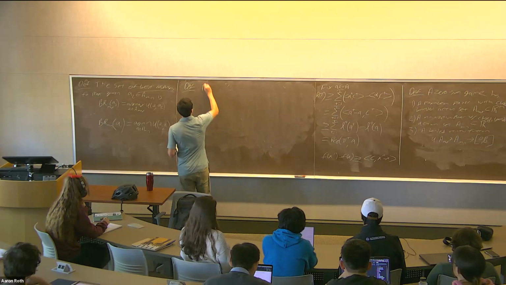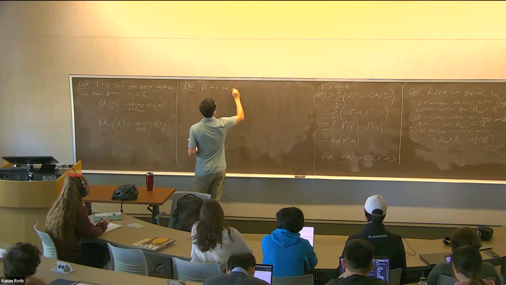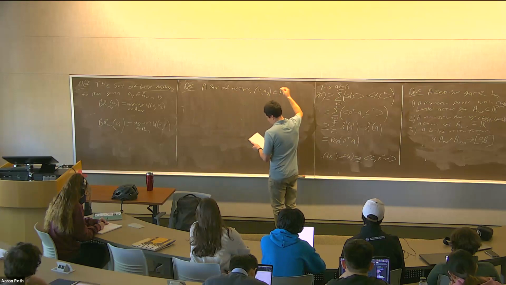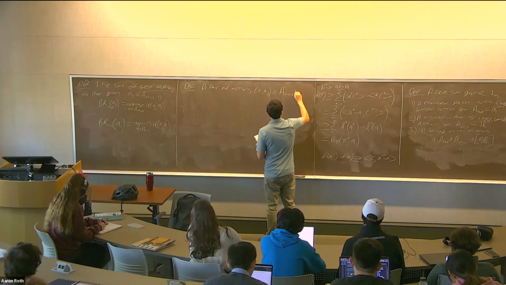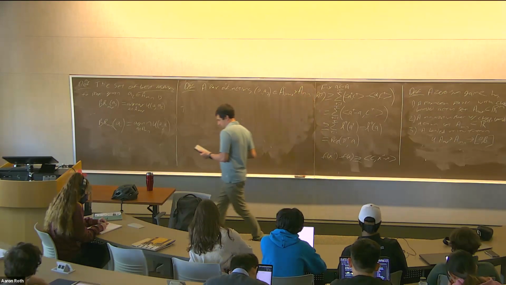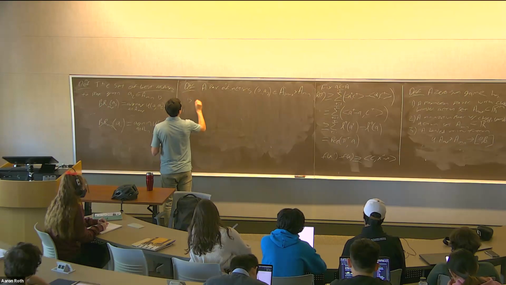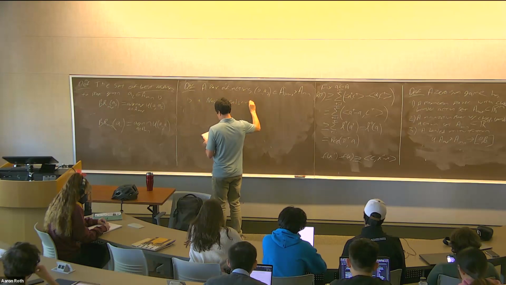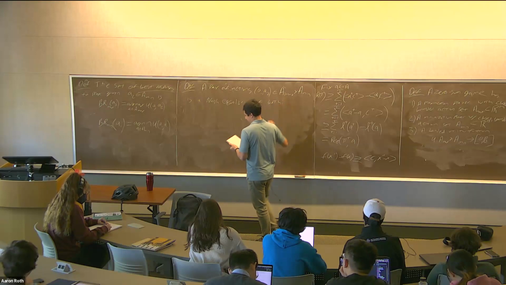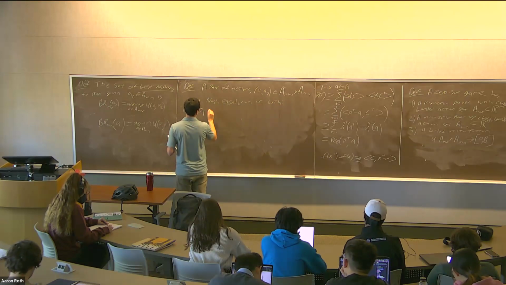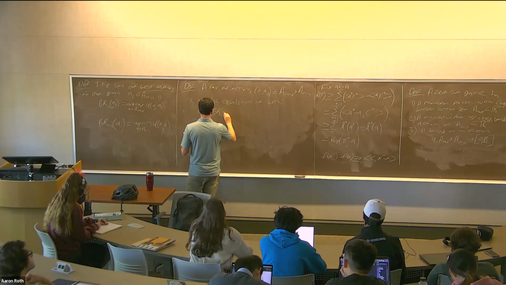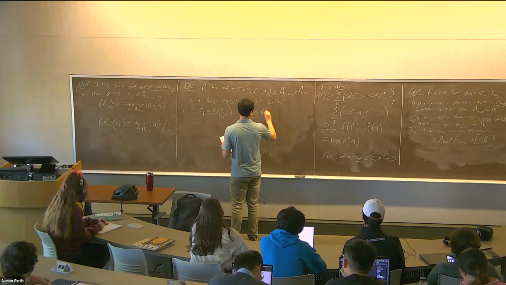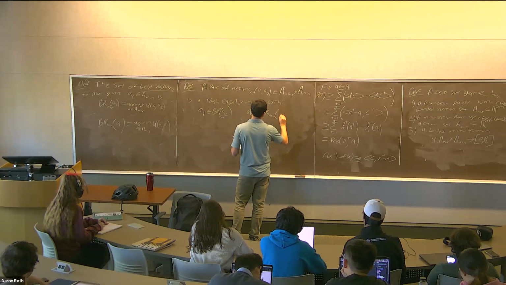A pair of actions, A1 and A2, one for Max and one for Min, is a Nash equilibrium if both A1 is a best response for Max to A2, and also A2 is a best response for Min to A1.